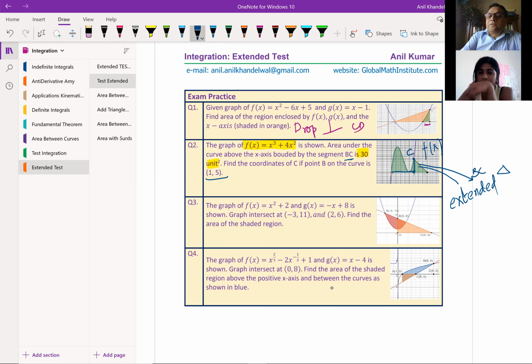So the first part of the area can be found by the integral of the function within these limits, correct? And the second part is the area of the triangle. The total given to me is 30 units squared. So if I add them up, I get a total area of 30 units squared. With that, I can find what is this extra length. That is the whole thing.